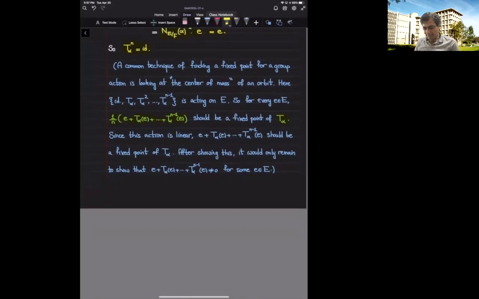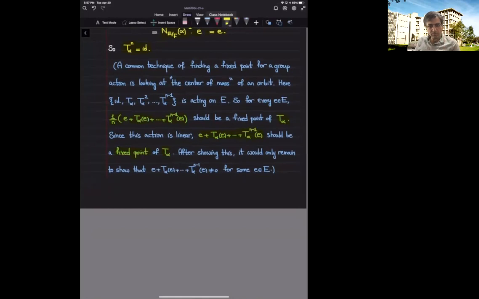Let's simplify it a bit. Because it's a linear action, this constant should not matter. So I can just focus on this summation. This means this summation should be a fixed point of T sub alpha. Now, as soon as I find that for some E this fixed point is non-zero, we will be done.